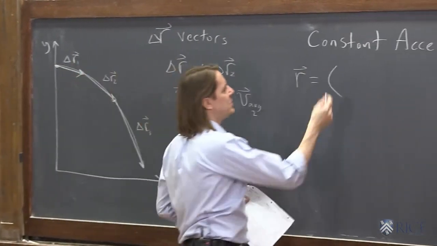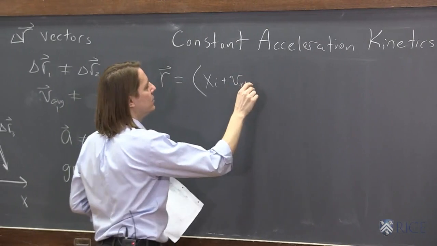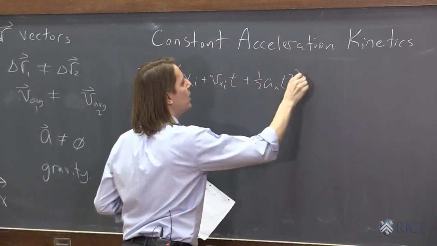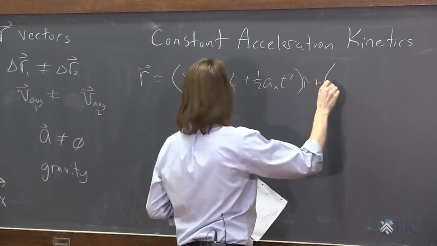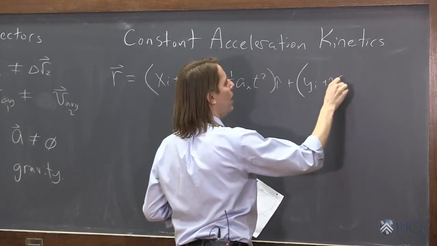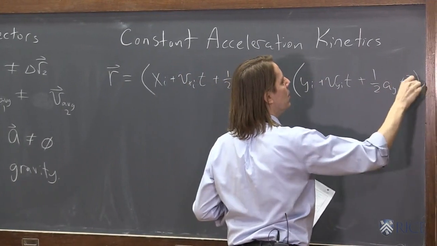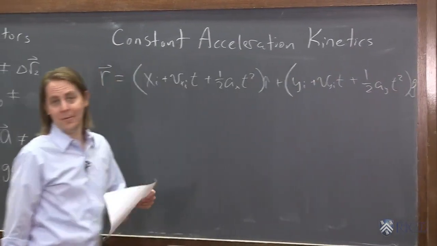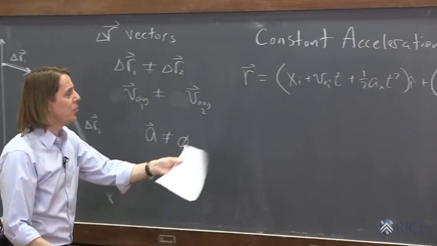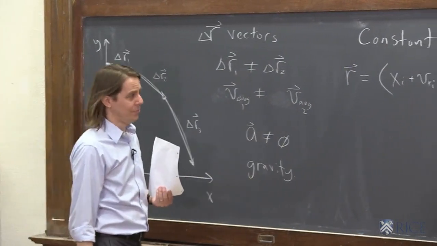Let's start out and just say it's always x initial plus v x initial t plus 1/2 a x t squared i hat plus y initial plus v y initial t plus 1/2 a y t squared j hat. Because this is constant acceleration kinematics for each case. So now we just have to go to our problem and plug in the right values. Some of these are 0.